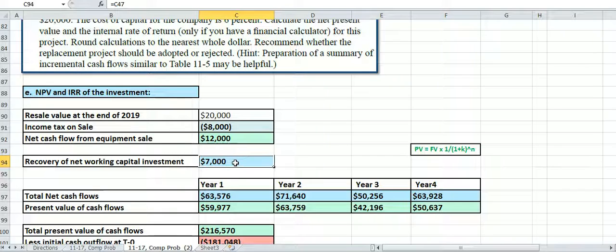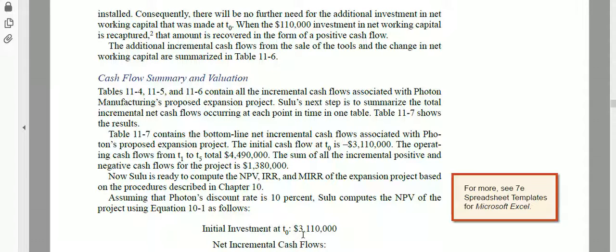Now, if you want to read about that in the book, I pulled that up right here. The example they give in their book is the additional cash that they had to have was $110,000 in net working capital, and at the end they say that it's recaptured, and that is in the form of a positive cash flow.